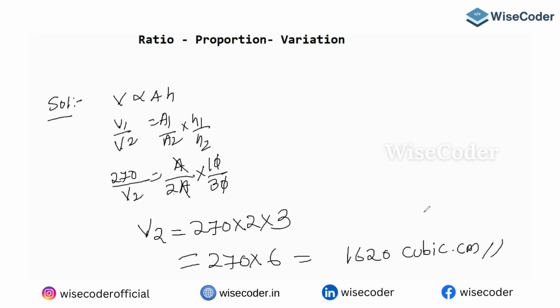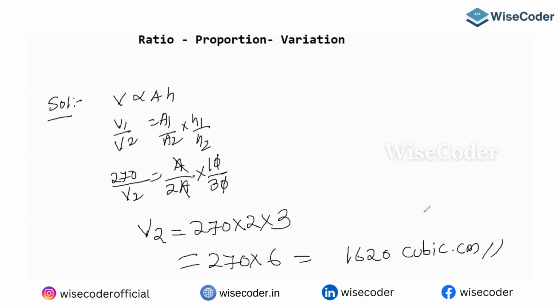After the ratios concept, we came across proportion. When two ratios are equal, we can say it is a proportion, and the product of extremes is equal to the product of means.